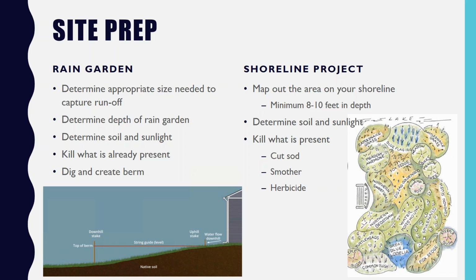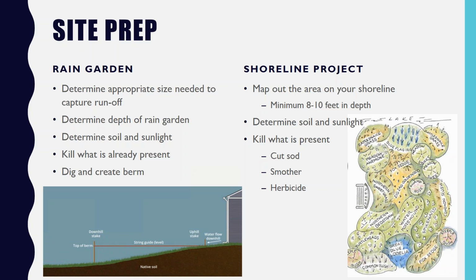There are some options online that you can use. Otherwise, you just want to make sure that you're taking into account how big your roof is, and then the area that may also run off into it. Like if your yard is also sloped that way or something like that.